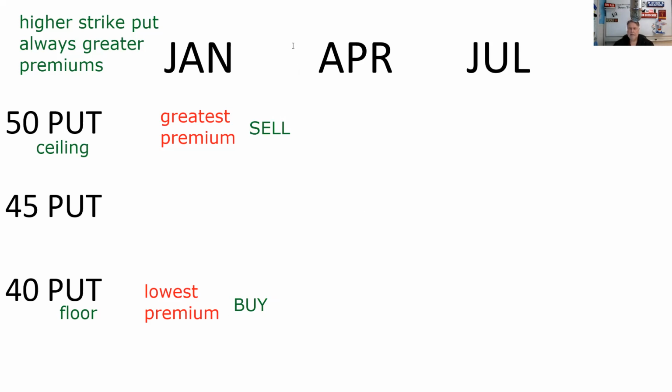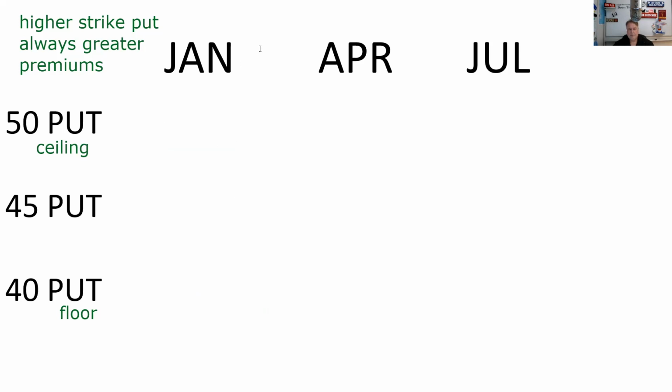So again, if we were looking at this, and we had something that looked like this, need a bigger. Right, that would be a horizontal or calendar spread. And if we were looking at something that went like this, that would be a diagonal spread.